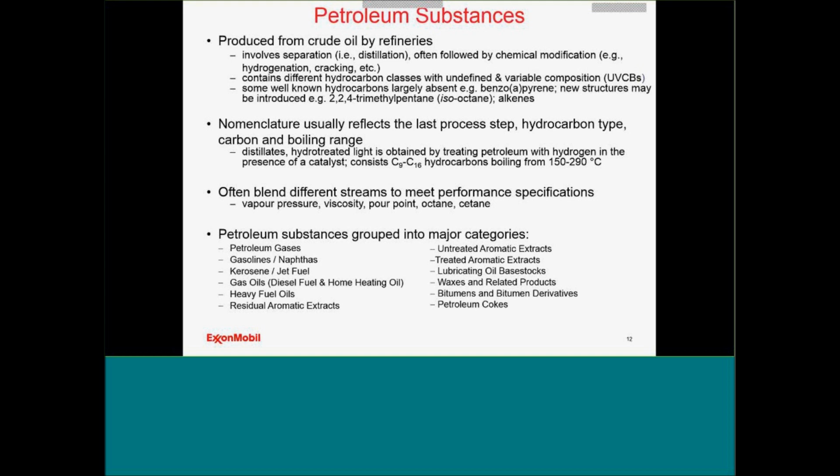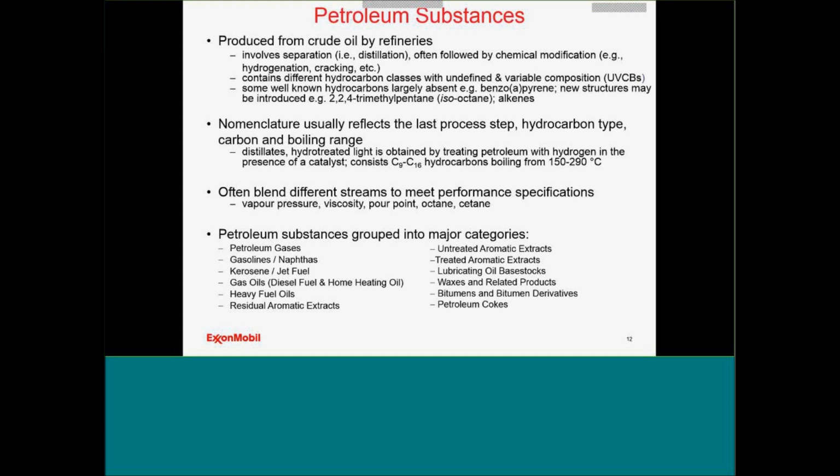Second, the nomenclature of petroleum substances usually reflects the last step in the refining process, hydrocarbon type, and carbon and boiling range. I've provided an example name for a petroleum substance that you can see in that sub-bullet. Distillates, hydrotreated light, is obtained by treating petroleum with hydrogen.